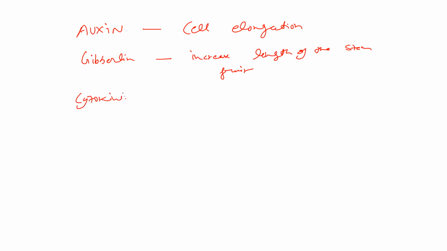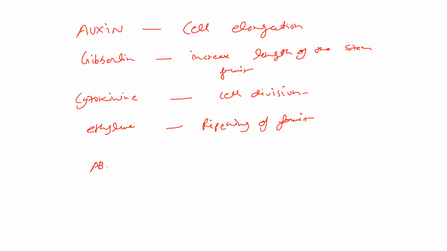Cytokinin: whichever place in the plant cell division takes place, cytokinin is synthesized. Ethylene causes ripening of fruit. And abscisic acid is a stress hormone. It inhibits seed germination. Okay, so the topic is done.